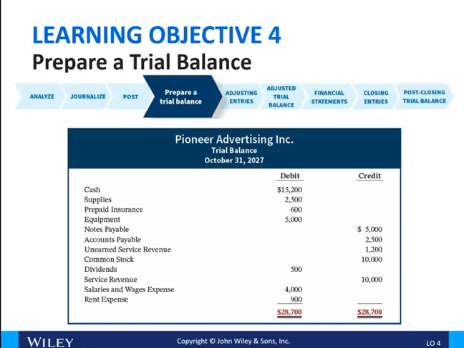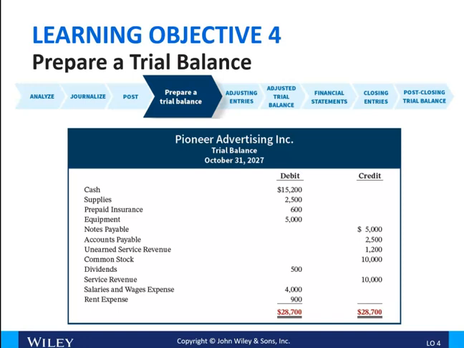Okay, this is showing a 2-column trial balance, debits in one column, credits in the other. You can do one column, debits would be represented as a positive, credits as a negative. Doesn't mean that debits are good and credits are bad. It's just how they represented it, and in computer systems, that's how they're stored.